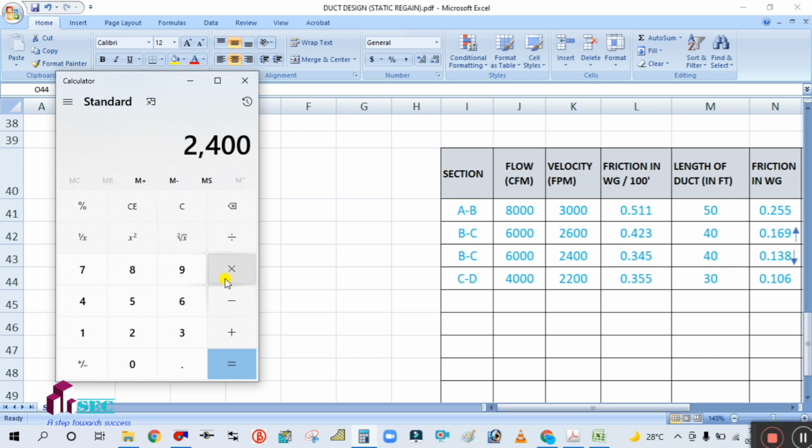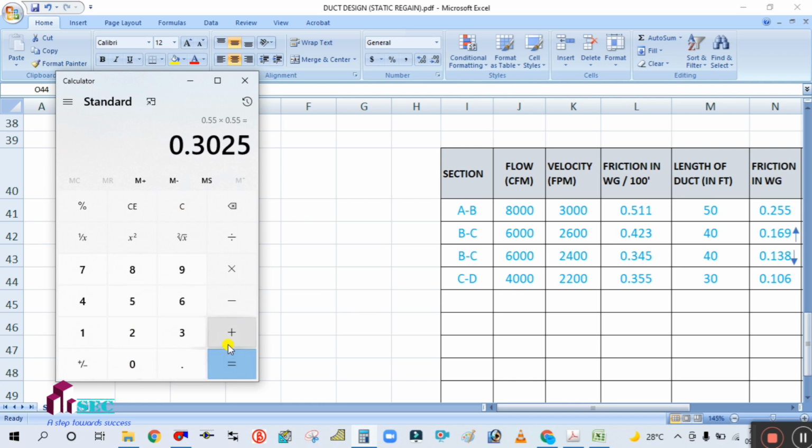Okay, so 2400 divided by 4000. Okay, so 0.6 whole square, that means you have to multiply 0.6, so 0.36. Okay, so remember this value. And again V2 is nothing but 2200 divided by 4000, equal to 0.55 into 0.55.